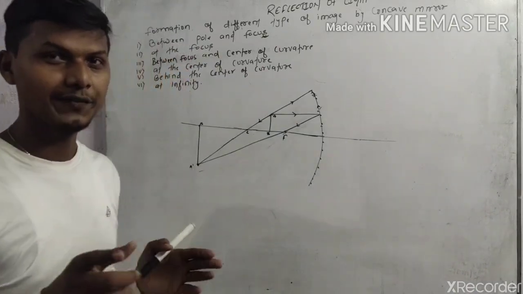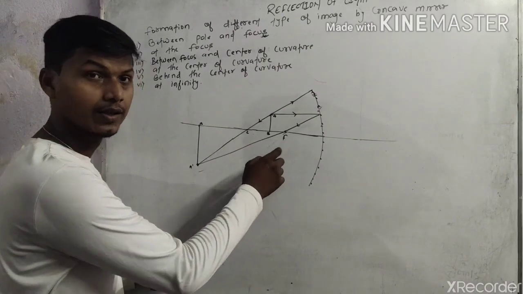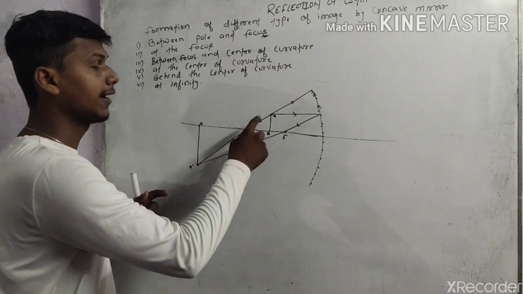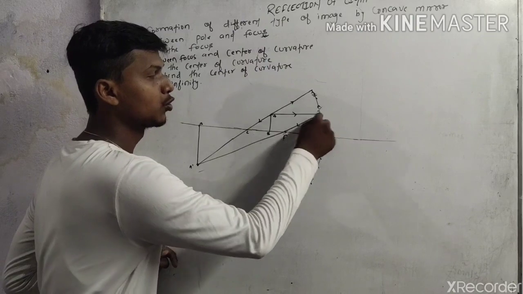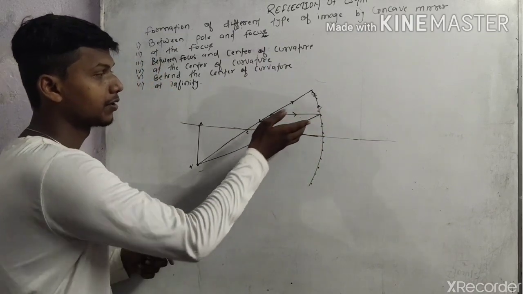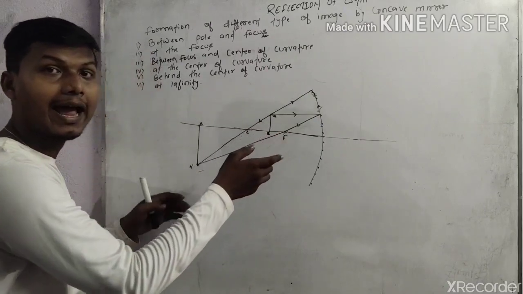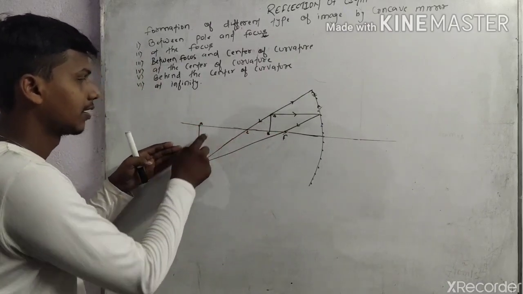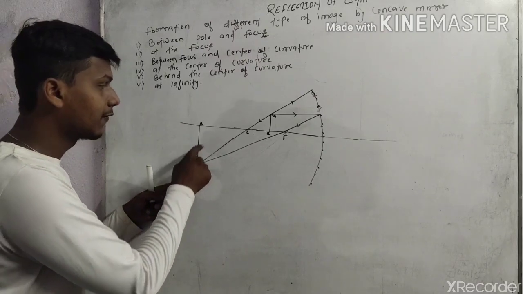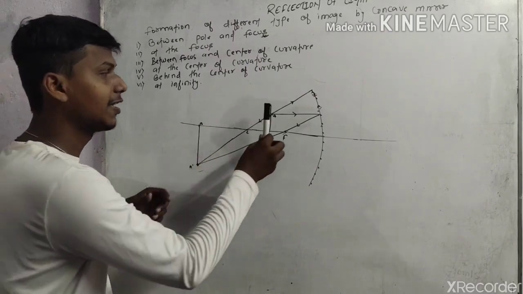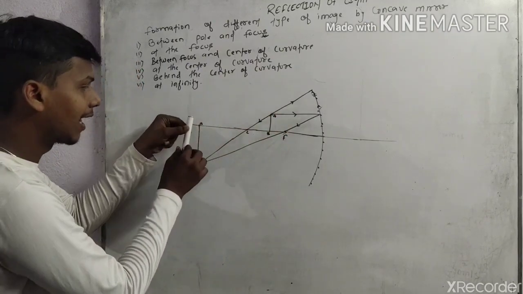In the third case, when the object is placed between the center of curvature and the focus, we will see how the ray diagram goes. The first ray goes parallel and returns through the focus, and the second one goes to the center of curvature and they will intersect below the principal axis, and the image will form here like this.